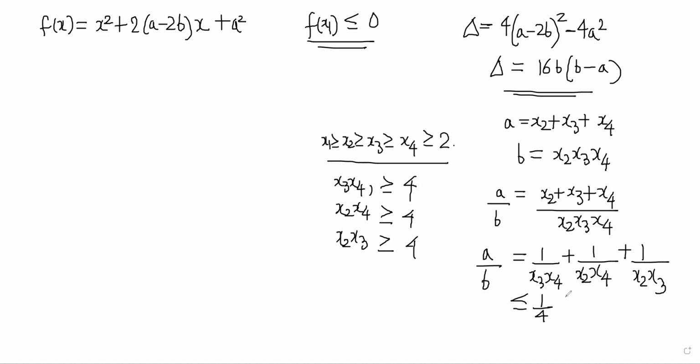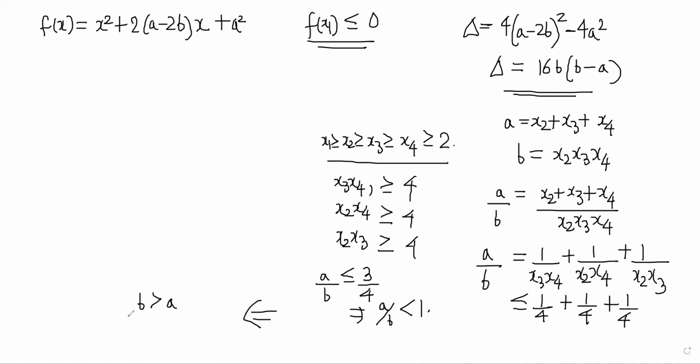We can write less than or equal to 1 by 4 plus 1 by 4 plus 1 by 4. So from here we get A by B is less than or equal to 3 by 4, which means that A by B is less than 1, which means that B is greater than A. So B minus A is positive.